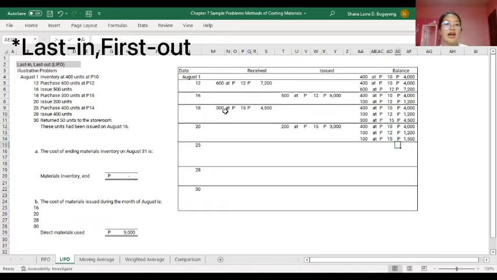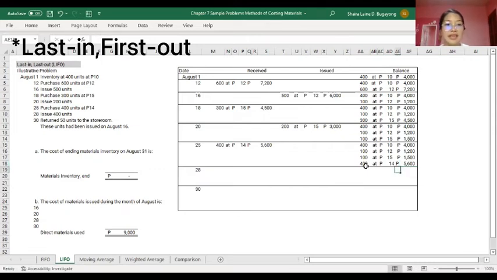On August 25, nag-purchase na po siya og 400 units at 14 pesos. So that would be 5,600. And then, ang balance din nato at August 25 is kani siya plus ato ang gi-purchase. Kani. 5.6.